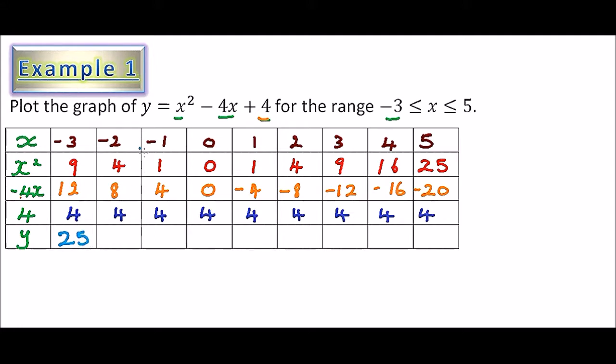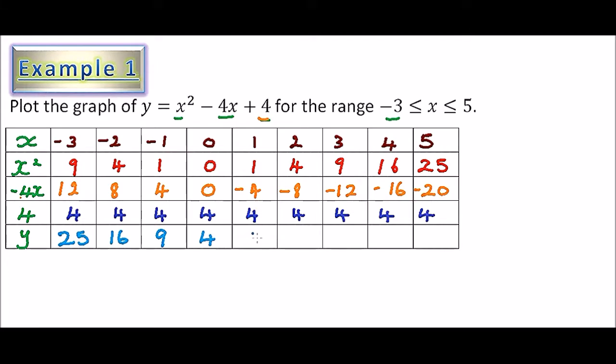Then we have 4 plus 8 is 12. 12 plus 4, we get 16. Then 1 plus 4 is 5. 5 plus 4 is 9. 0 plus 0 is 0. Plus 4 is 4. Then 1 minus 4 is minus 3.